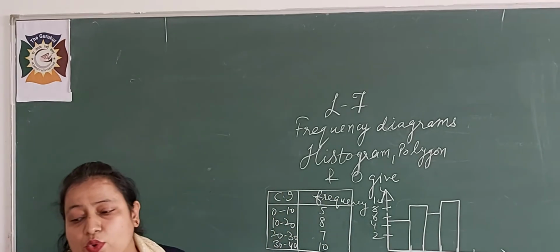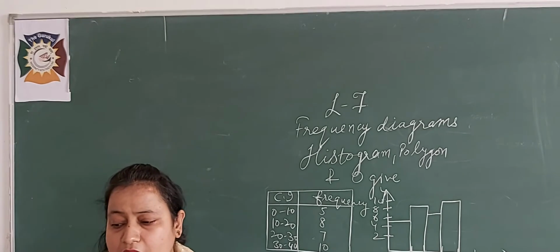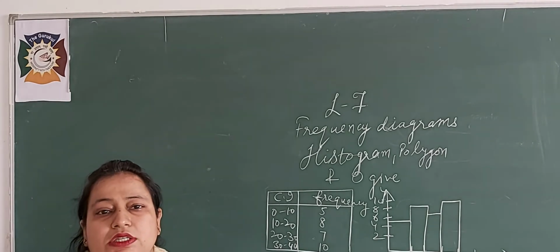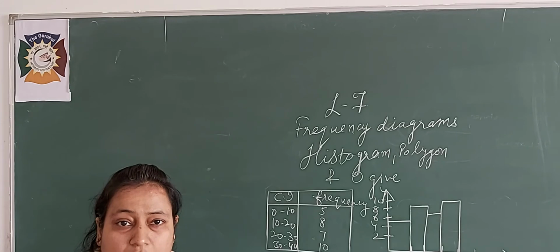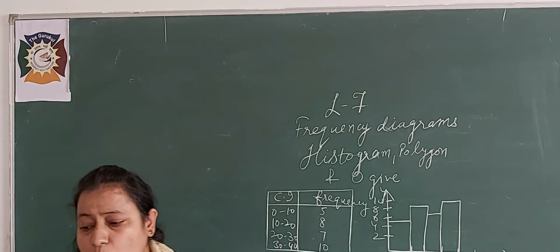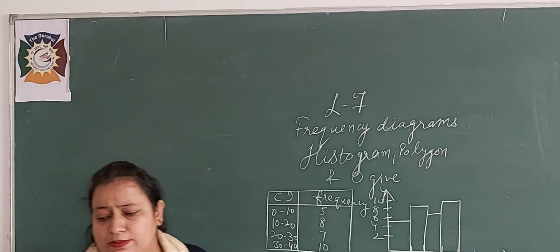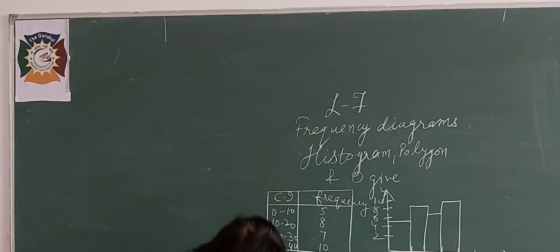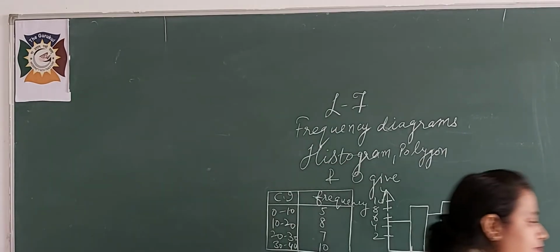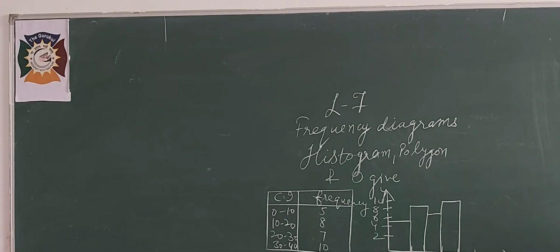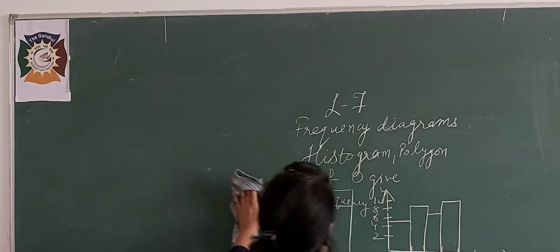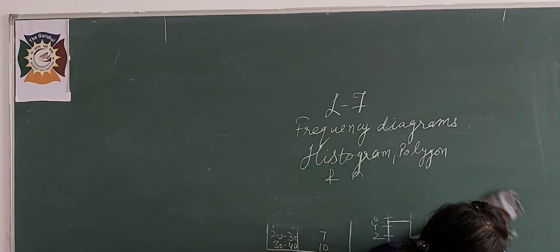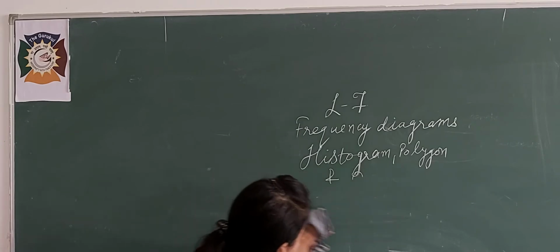It means you will make it with the help of frequency distribution. Now, we shall discuss the histogram. There are two types of histogram. One is equal class intervals and second is unequal class intervals.